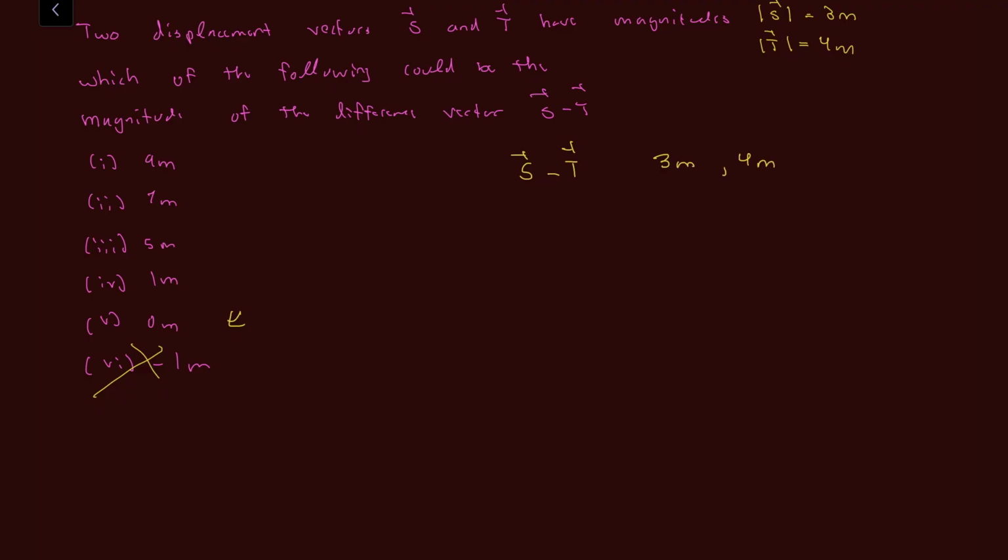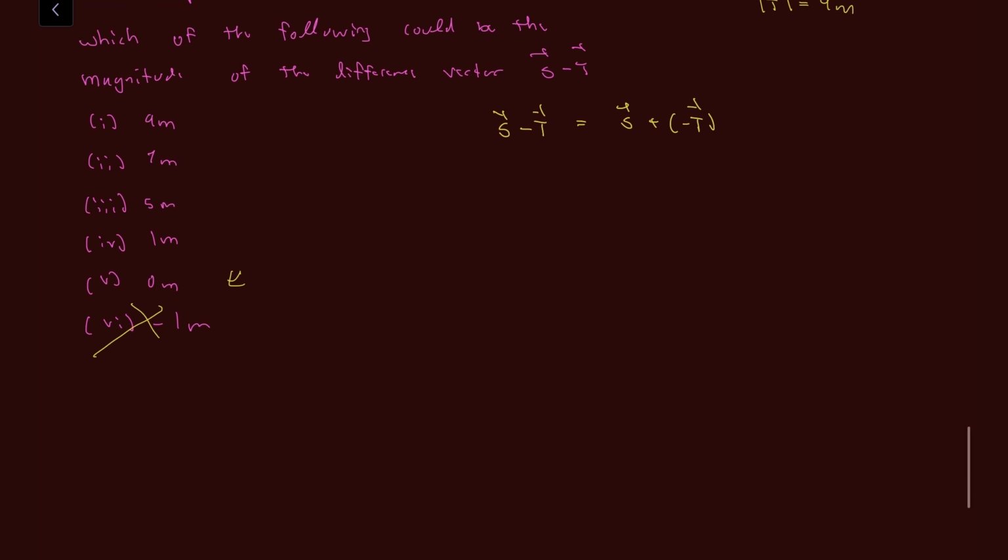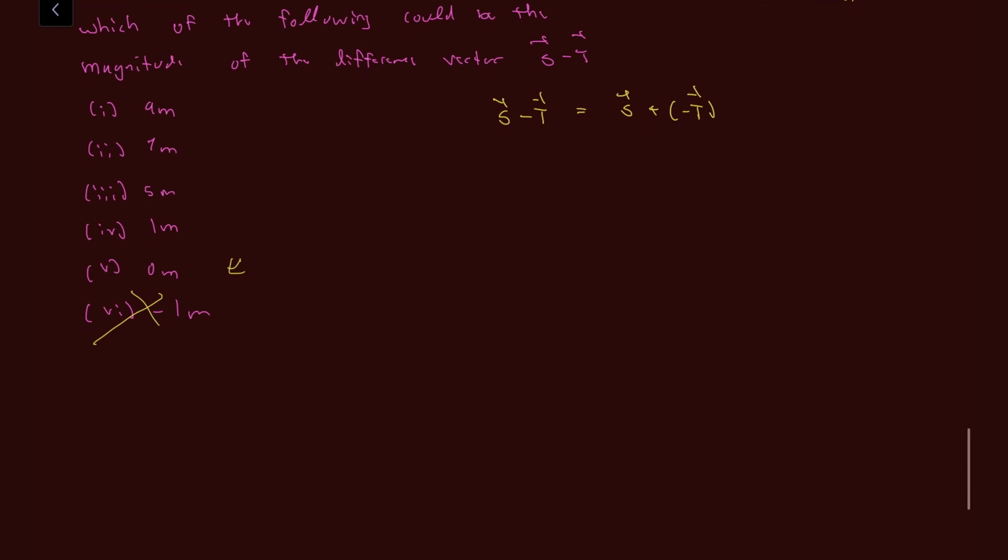Now, I'm going to change it so that instead of reading simply subtraction, we're reading addition of a negative vector. When you're adding two vectors, there are two requirements that they must meet in order for their sum to equal 0. Number one, their magnitudes are equal.